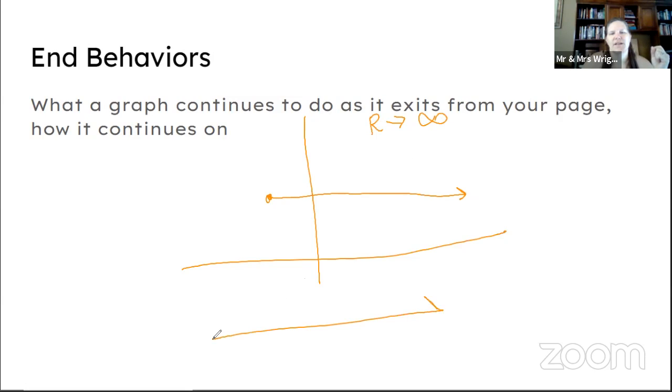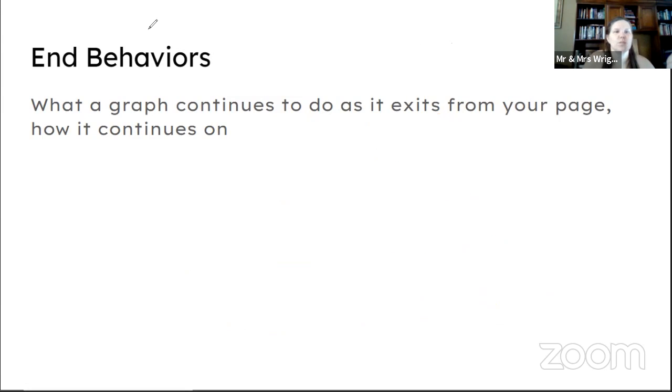If you had a line that went both ways, let's do it down here, right is to positive infinity and left is to negative infinity, the left end behavior. So the end behavior is what's happening to the graph when you can't see it.